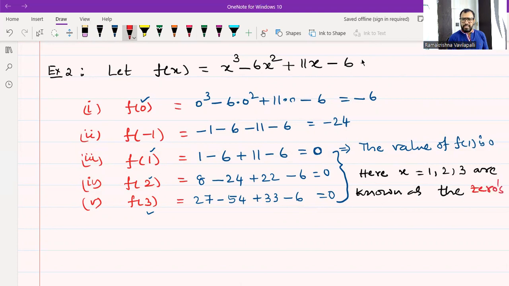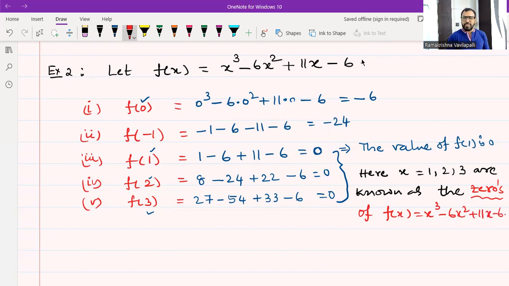Remember, many students do not know the difference between zeros and roots. So the zeros of f of x equal to x cube minus 6x squared plus 11x minus 6.